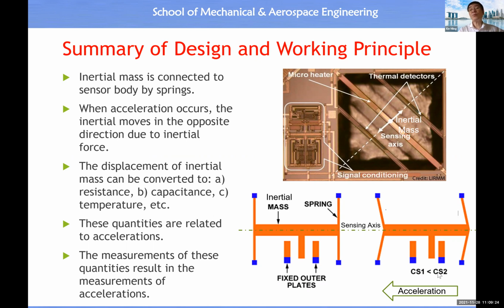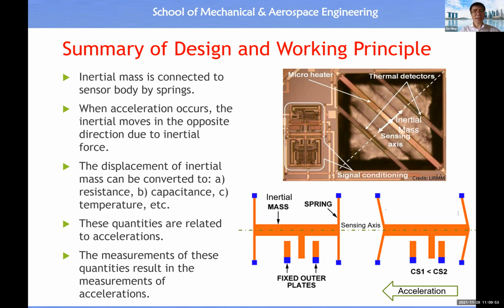Okay. Then once we have a circuit to measure capacitance and this change, then we can do a calibration. By calibration, we can relate the reading of capacitance to the reading of acceleration. Okay, so this slide basically summarizes the working principle and the key elements inside the design of an accelerometer.